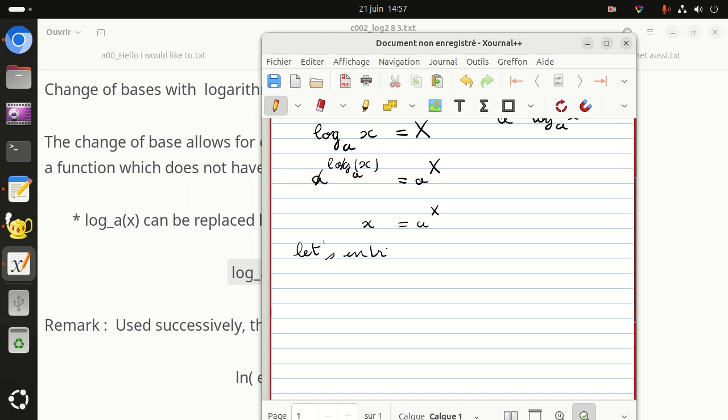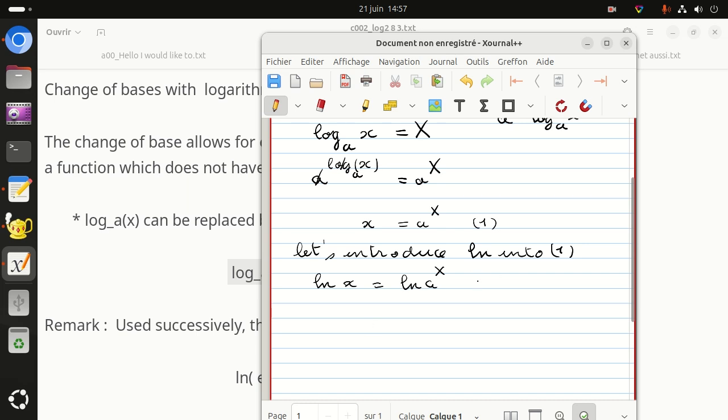Okay. Now let's introduce the function ln. So I have ln of x equal ln of a to the power x.